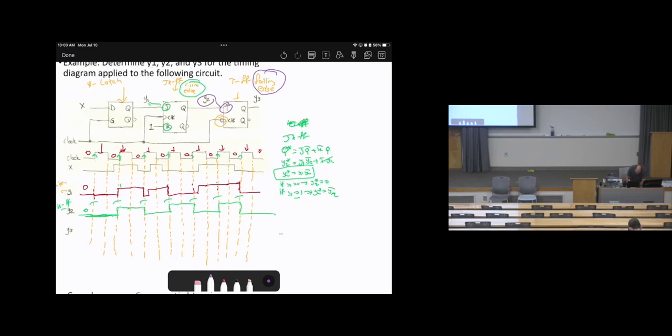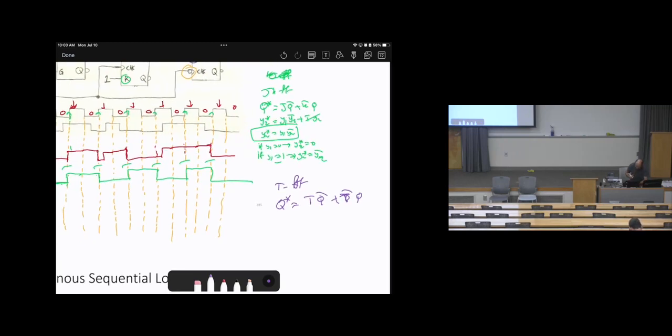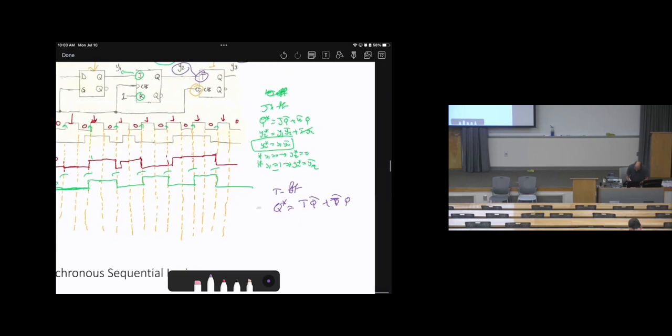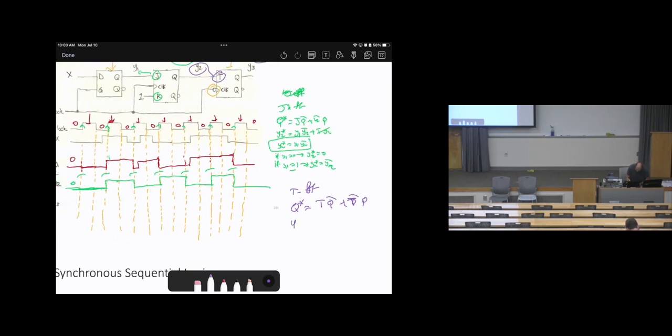So according to the T flip-flop, Q star equals T Q bar plus T bar Q. Okay, now let's substitute Q as Y3. So Y3 star equals T, which is Y2 times Y3 bar plus Y2 bar times Y3.